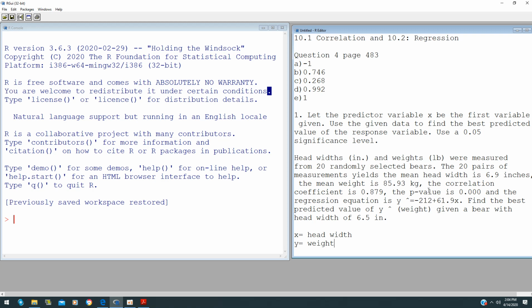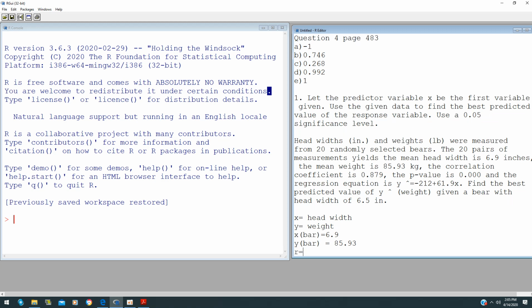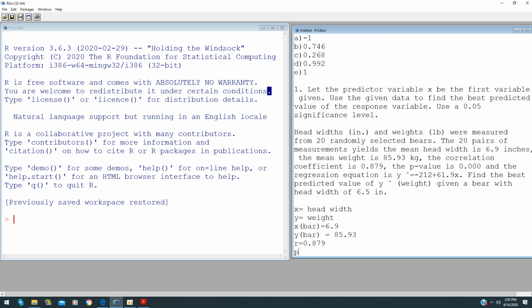So height width is your x, and x bar in this case is 6.9 inches. Your y bar, the mean weight of the bears, is 85.93 kilograms. The correlation coefficient r is 0.879, and the p-value is given as 0.